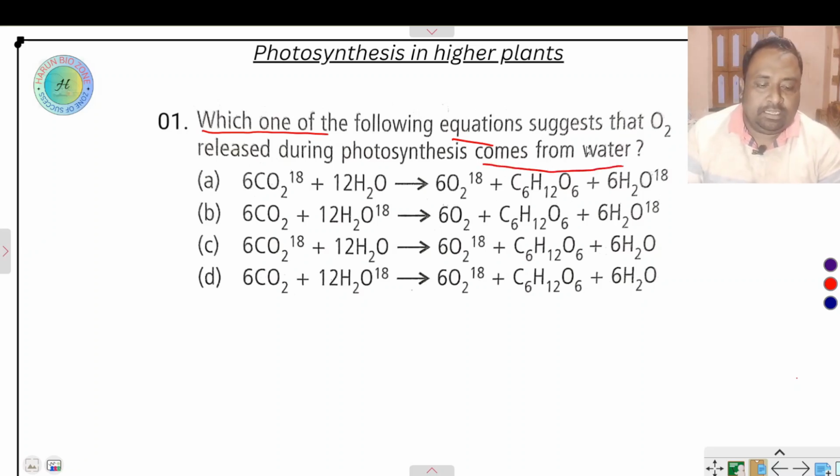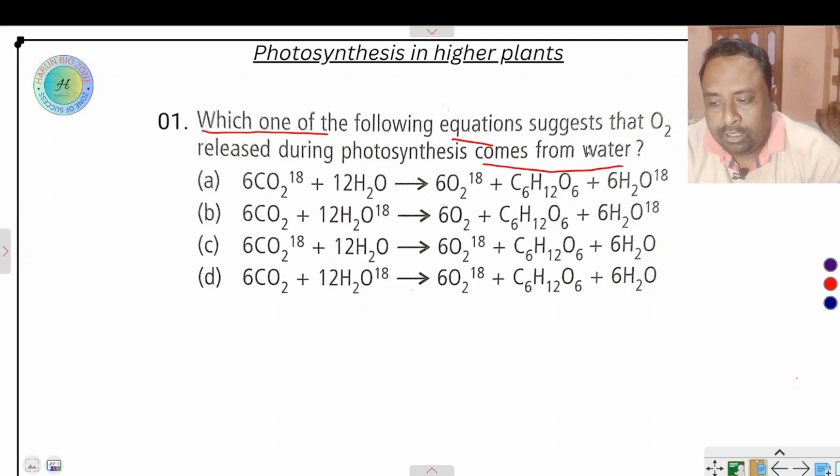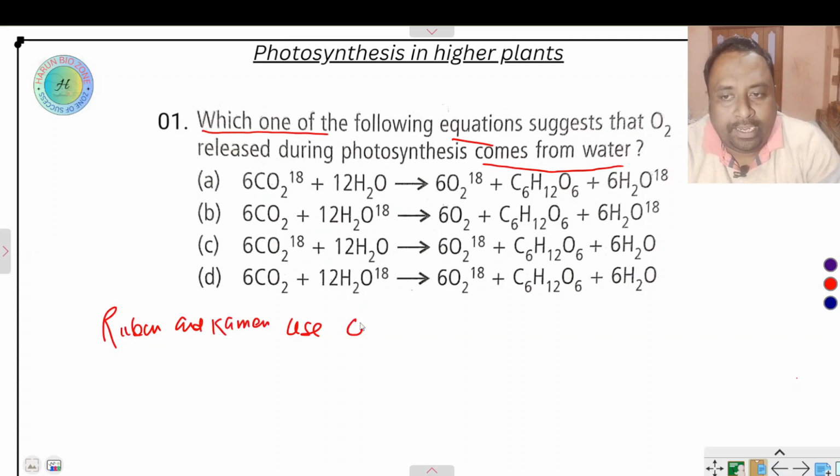So the oxygen released during photosynthesis is produced from water. This was proved by Ruben and Kamen. They used radioactive O18.